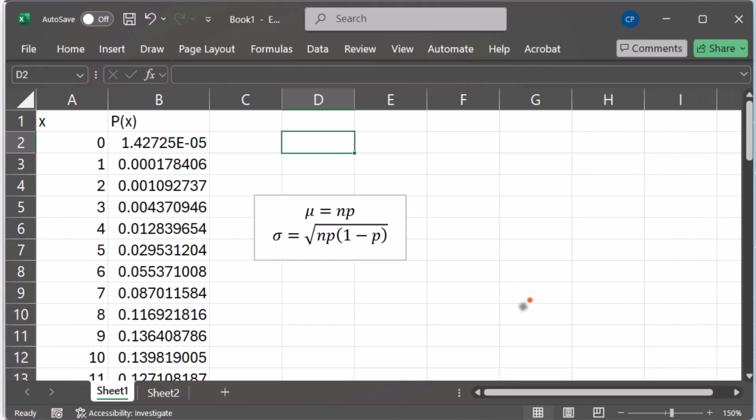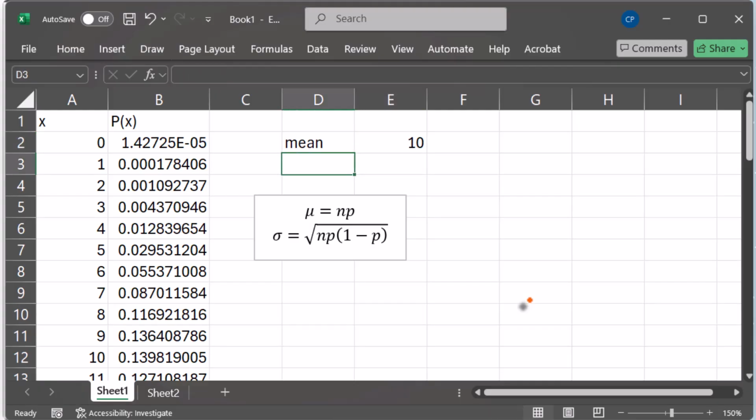For this example, the mean would be just n times p. N here was 50, times p was 0.2. The mean, or the expected value, the number of criminal lineups in 50 that we would expect to have wrongful accusations, is 10. This is literally just 20% of 50.